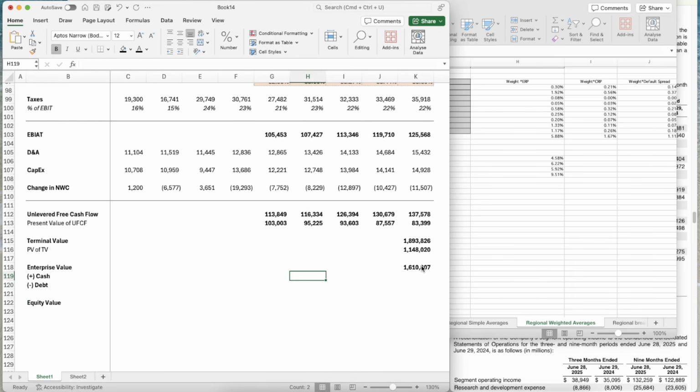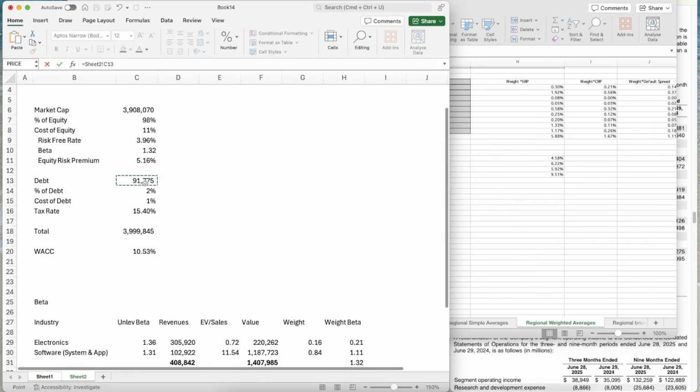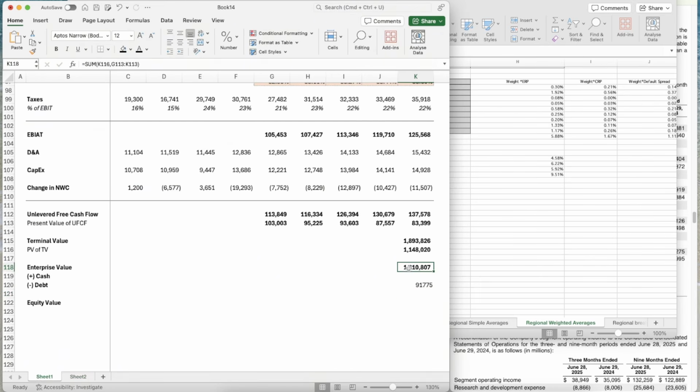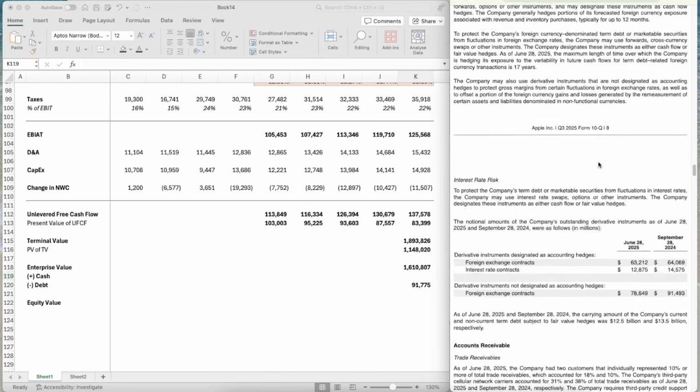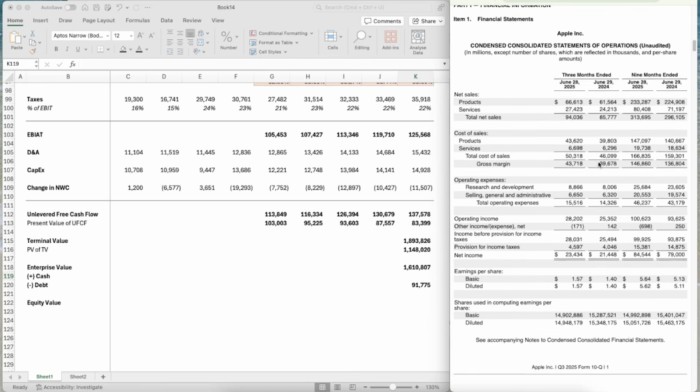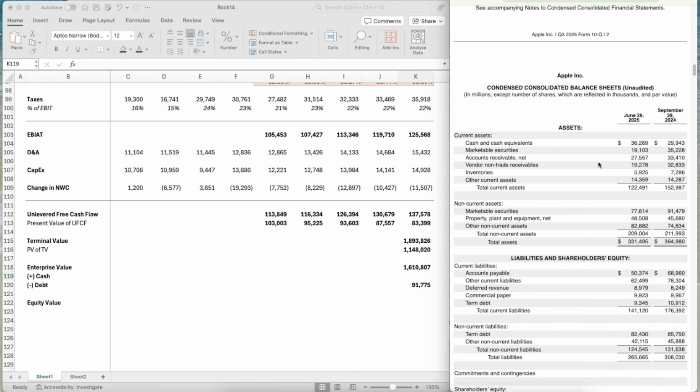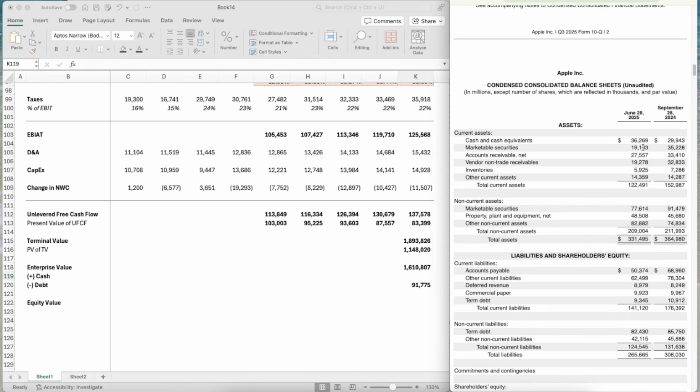We know the debt because we have it on the WACC. And the cash is, come back onto the balance sheet. Here we are, 36,269.